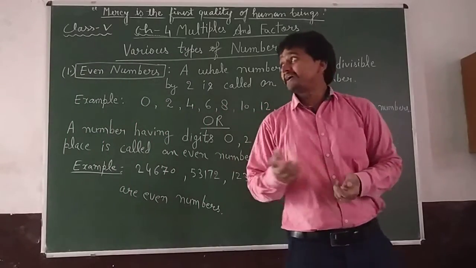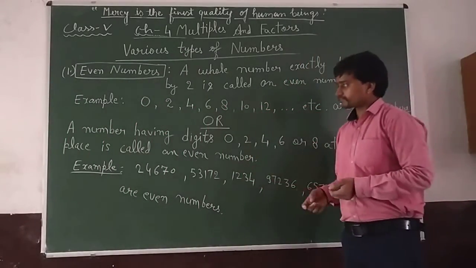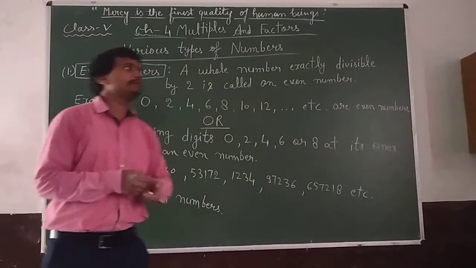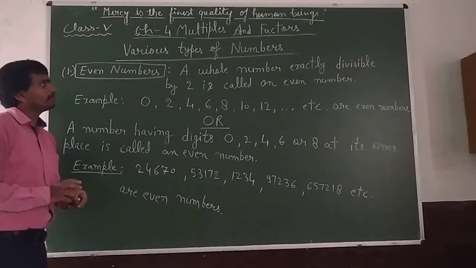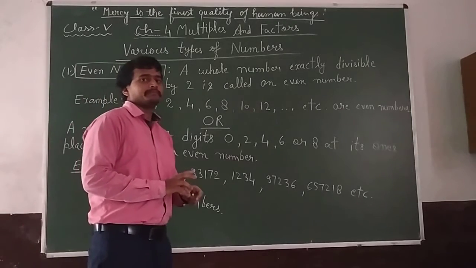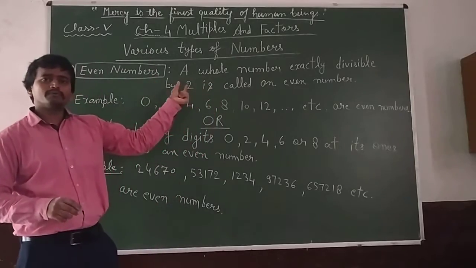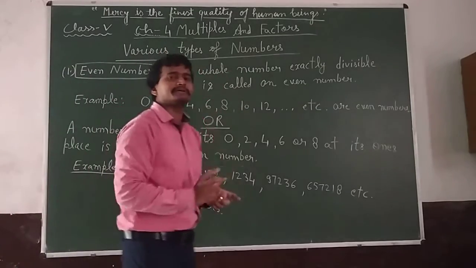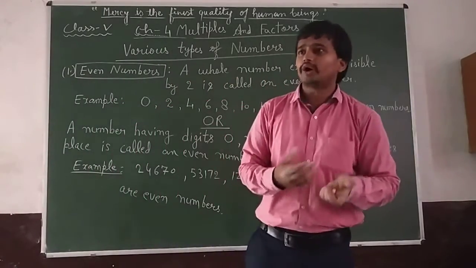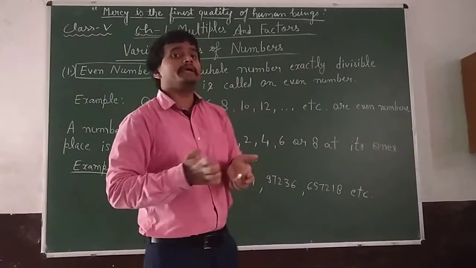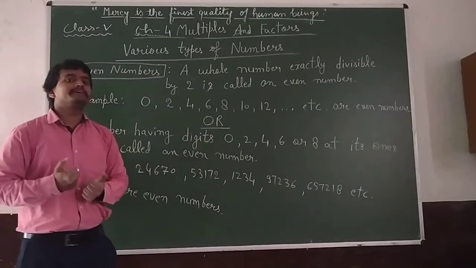What happens in the case of large numbers? When the numbers are larger, how can we identify whether the given number is an even number or not? If we divide the number by 2 by the actual method, actual division, then it takes a lot of time. How can we identify without actual division?